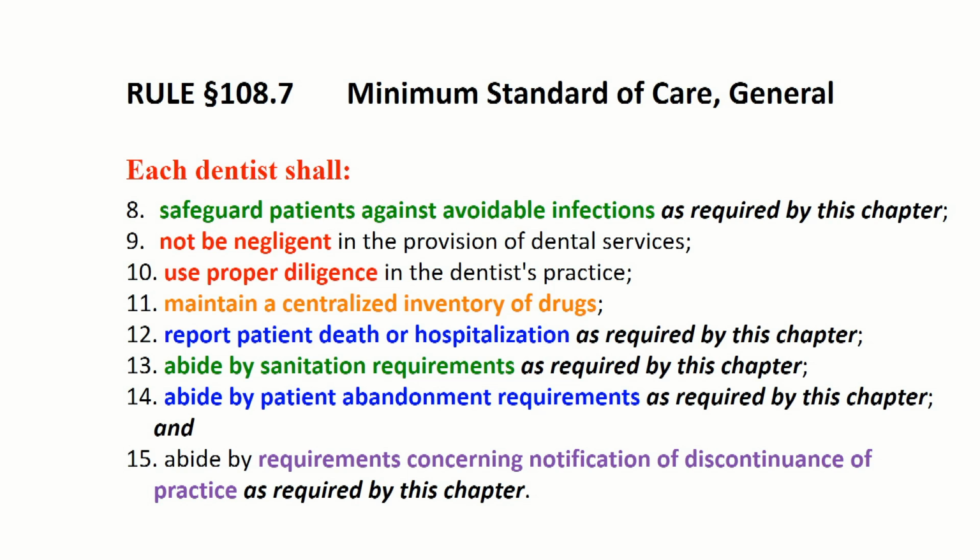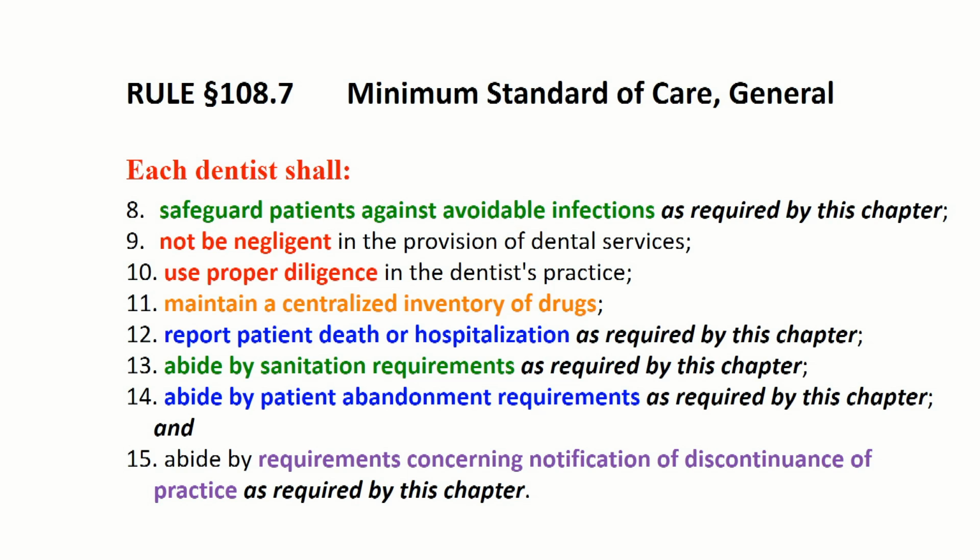Similarly, the rules that address sanitation or patient abandonment, which is Rule 108.5, are addressed in other parts of the state board rules, but now those requirements with respect to sanitation, or the requirements in the reporting or the avoiding of patient abandonment, are also covered in the minimum standard of care, Rule 108.7. Requirements concerning notification of discontinuation of practice are also now enveloped within the standard of care.